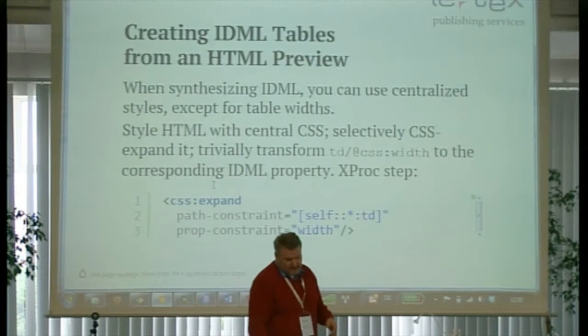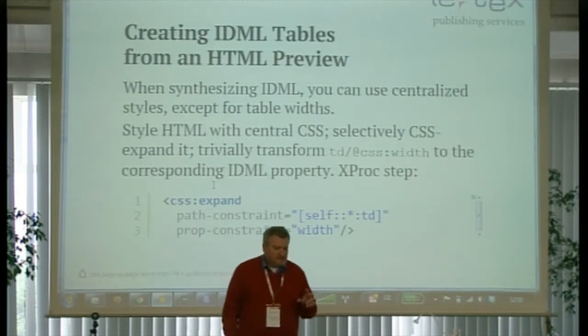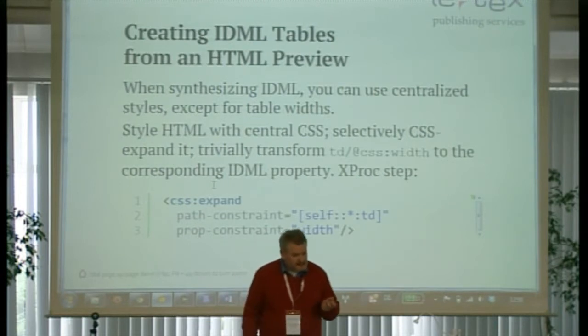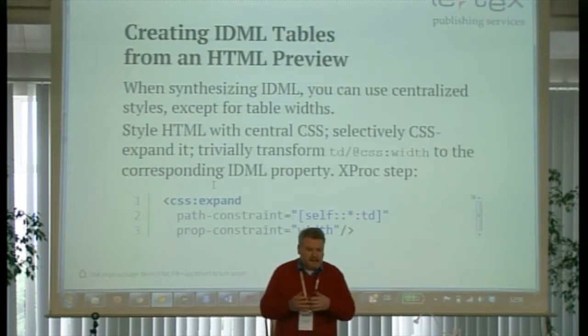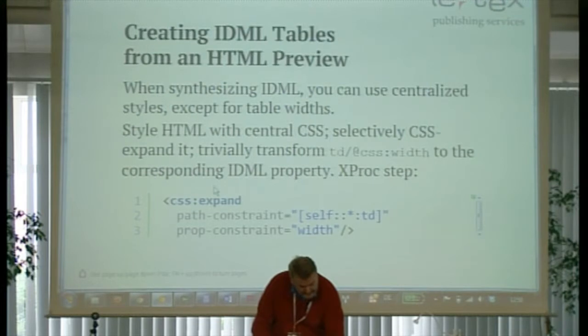Okay, that's one application. The other application of this is a quirk in InDesign. You can style everything centrally except for table widths. So we are applying a selective CSS expansion.